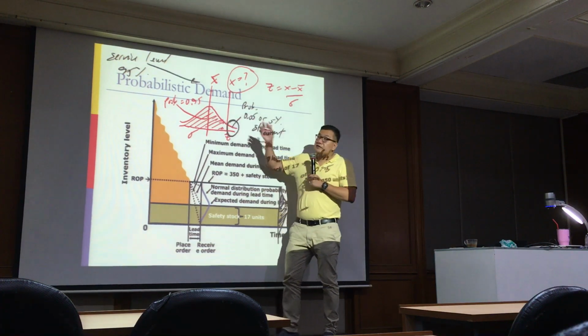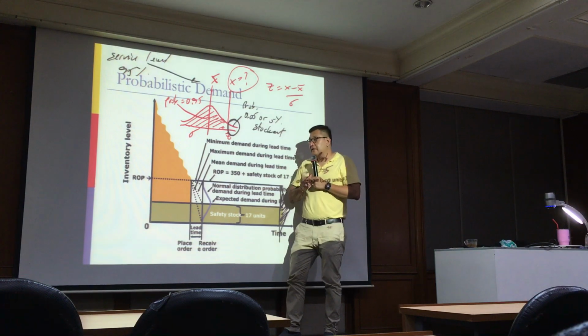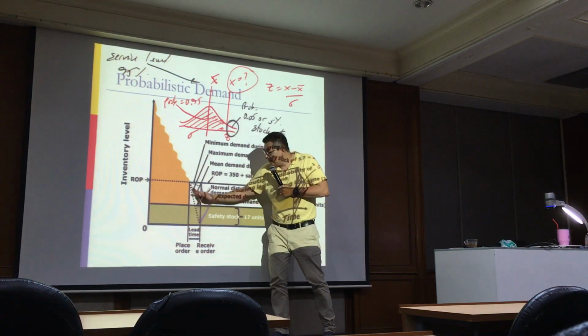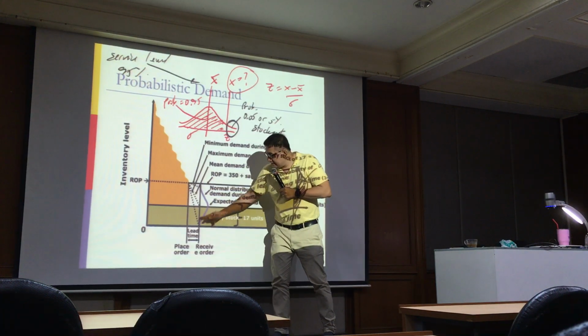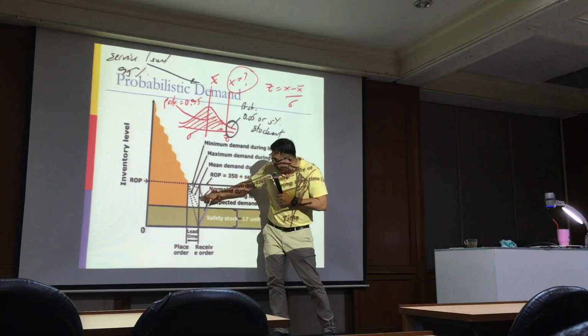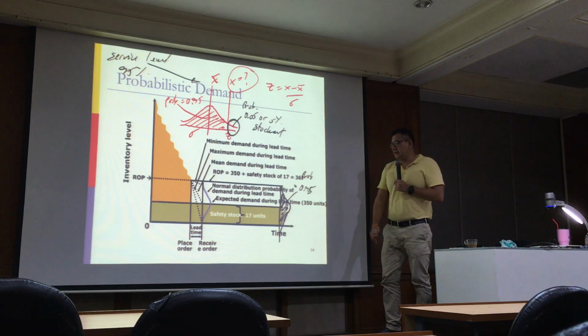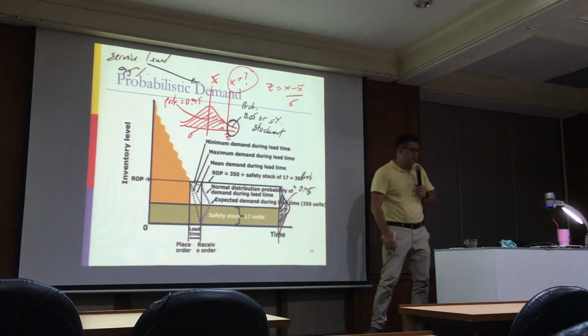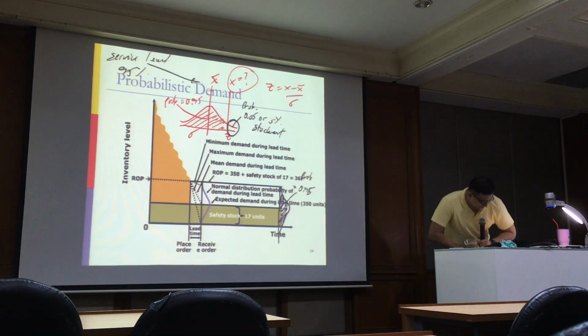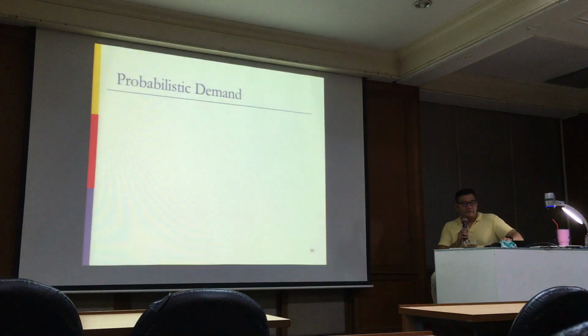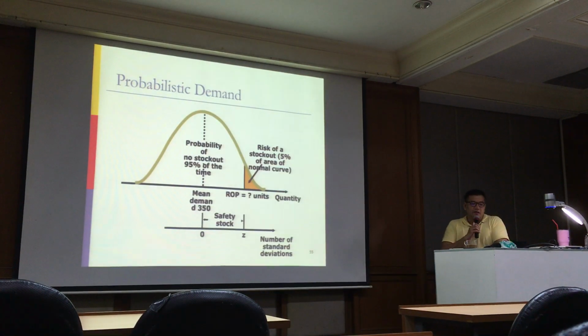But since you want the service level to be 95%, we want to find, if the demand goes to this and makes this one 95%, what would be the level of safety stock here? Because we want the stock out to be 5%.